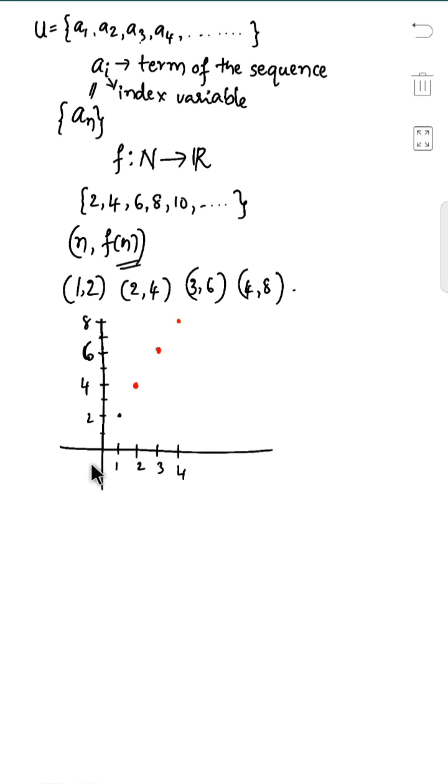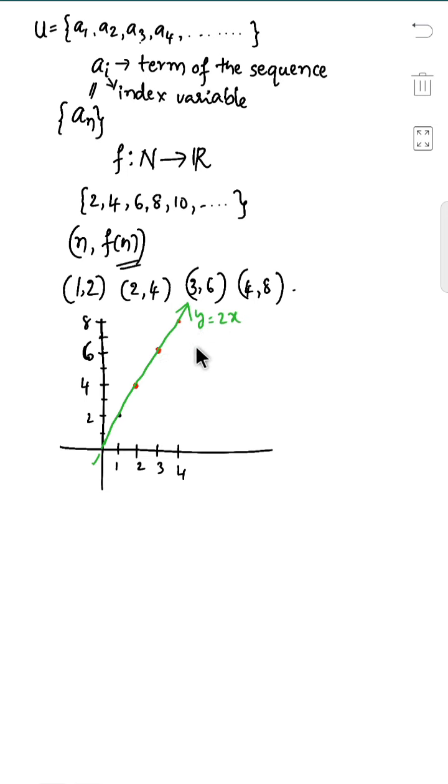Okay, so we will discuss those functions where there is a line joining all these points. Like we know y equals 2x. That is the line that contains all the points of the sequence.